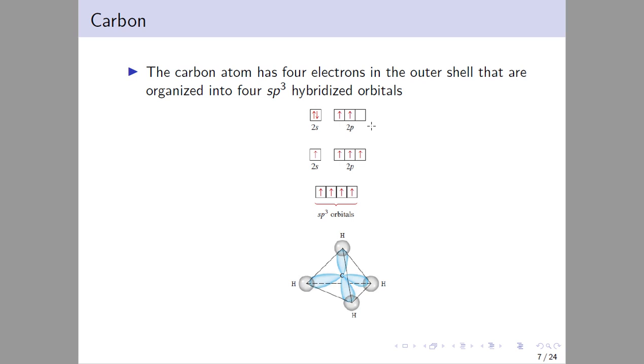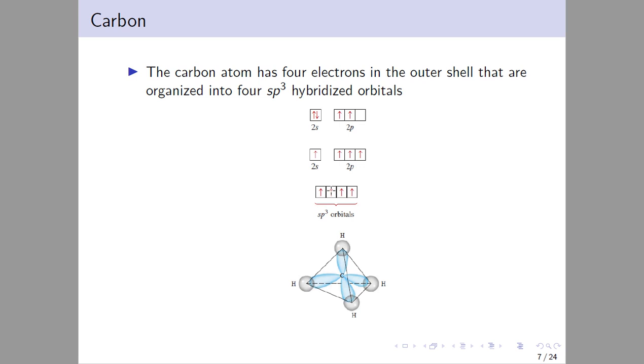One electron goes to this one, and it can be produced into these 4 sp3 hybrid orbitals.